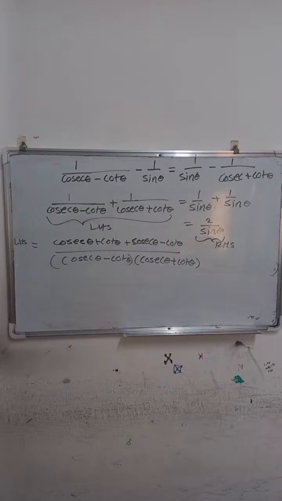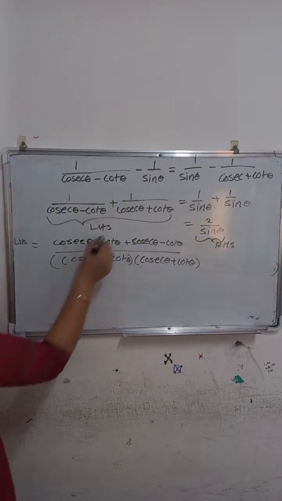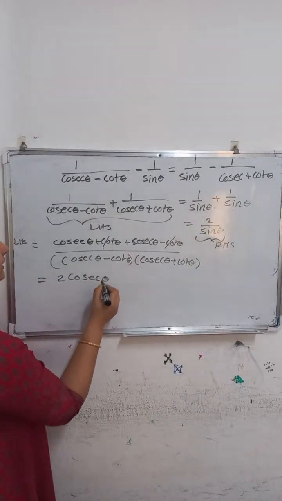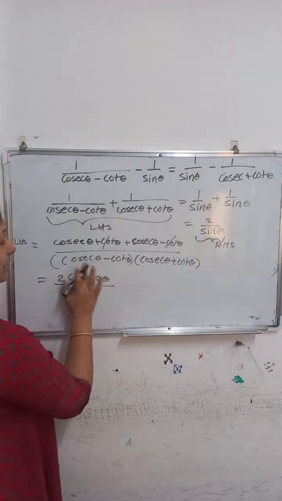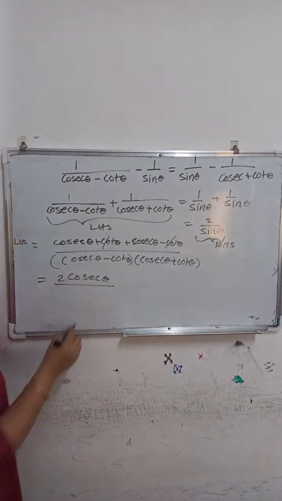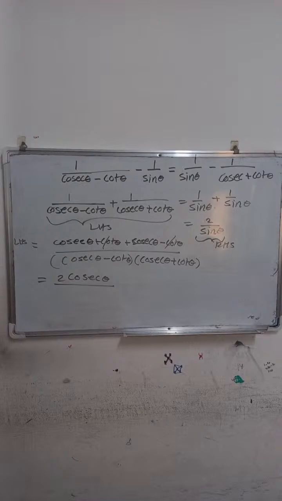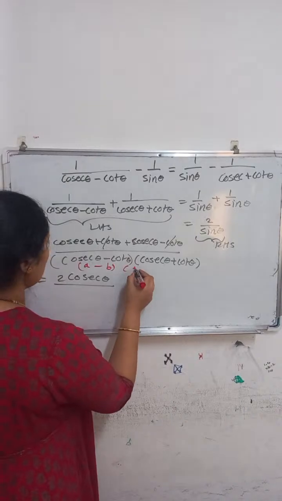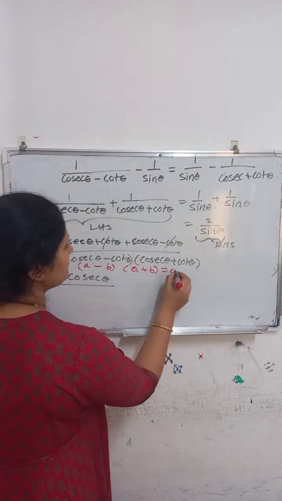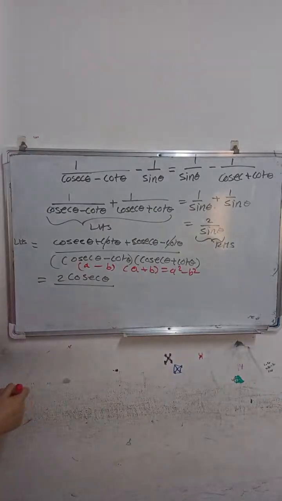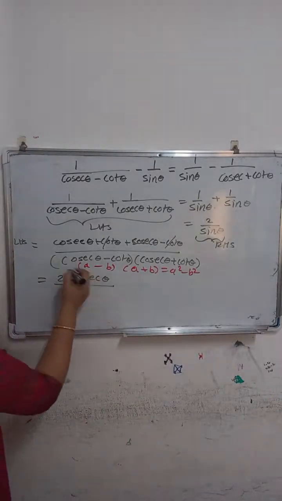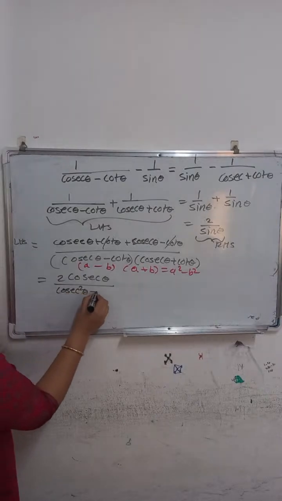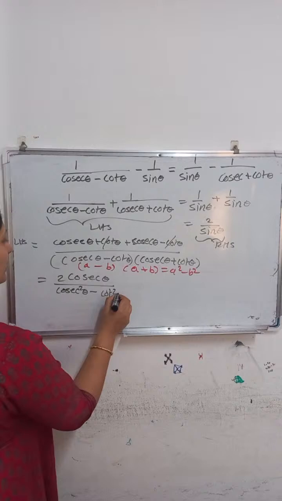Here cot and cot get cancelled and we will get 2 cosec theta divided by a minus b, a plus b. I will again write the identity: a minus b times a plus b is nothing but a square minus b square. So upon, we can write here cosec square theta minus cot square theta.